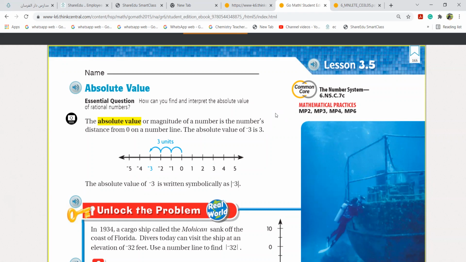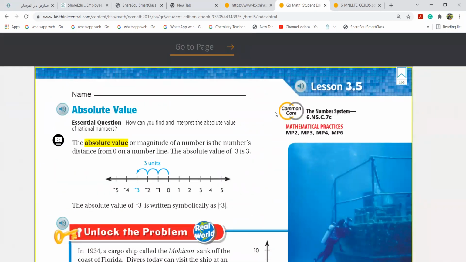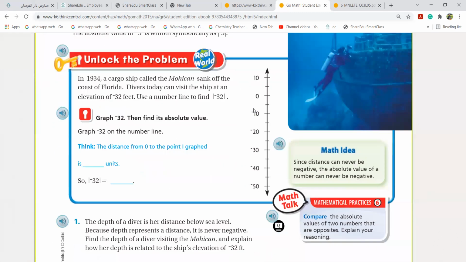Miss, it's page number 165. Write today's date, that is 1st November. Write today's date. Miss, page 165.